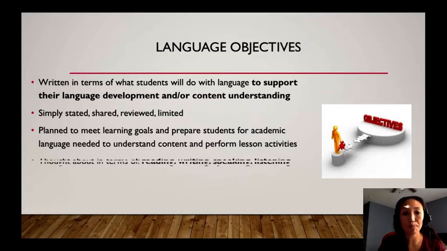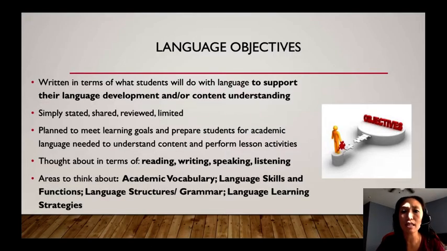that final goal? They're often thought about in terms of reading, writing, speaking, and listening, the four components of language and literacy. And then some areas to think about, and this is developed more in the SIOP chapter on objectives, is academic vocabulary development, language skills and functions. So how do we actually use language for persuasion, for information?